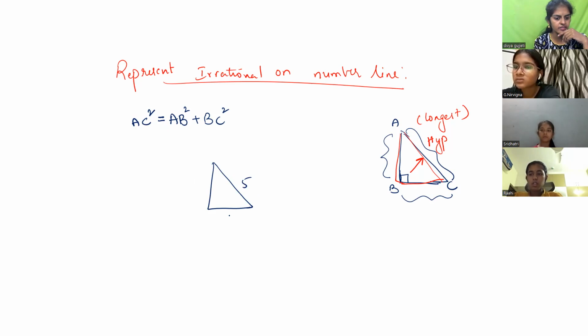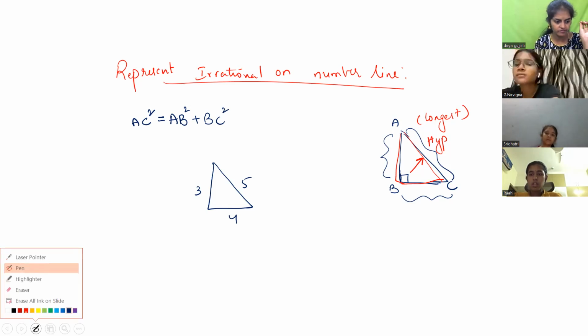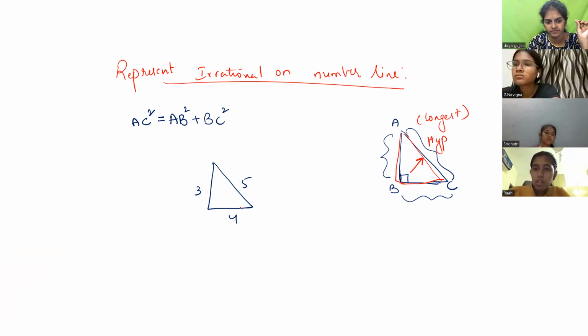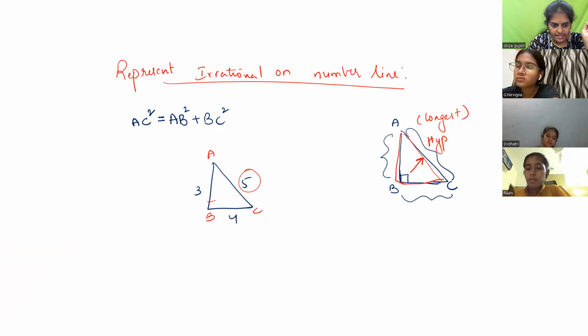So the sides are 5, 4 and 3. Can you identify the hypotenuse from here? 5 is the hypotenuse, the longest side and also the side opposite to the 90 degrees. And 3 and 4 are the other two sides.